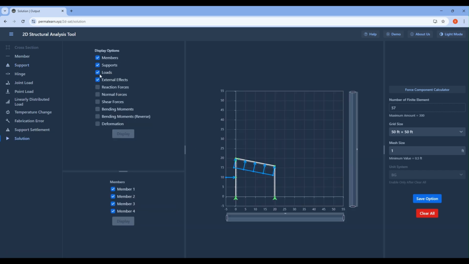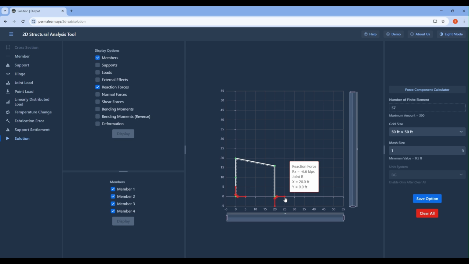I'm sorry. So now let's do it again. The reaction force. So we have AX is equal to -5, AY is equal to -10.44.